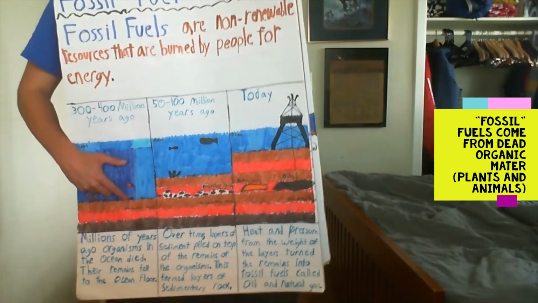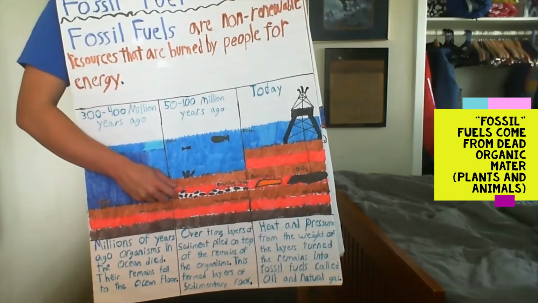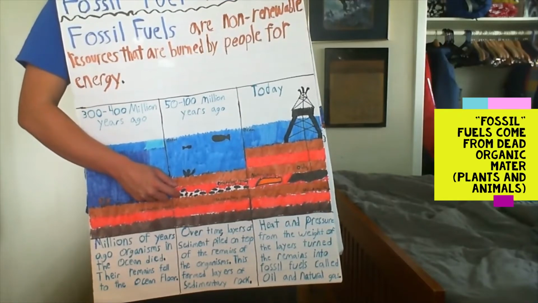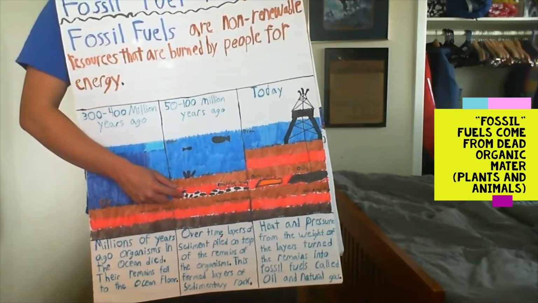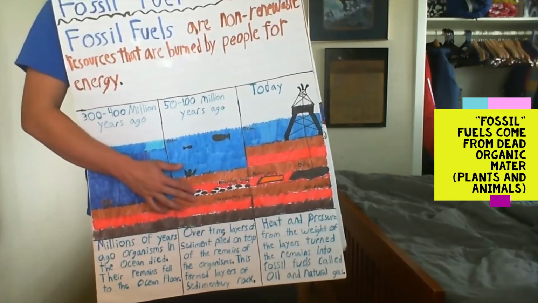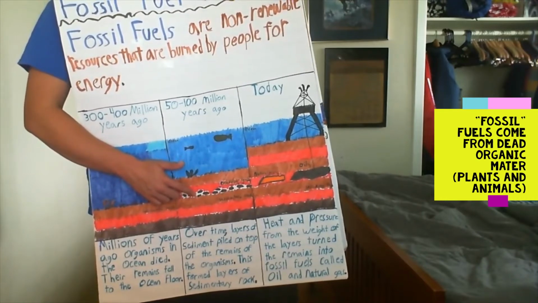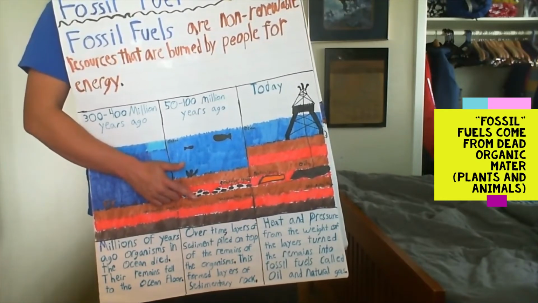At the same time, sediment is being piled on top of these dead plants and animals. Sediment at the bottom of the ocean would mostly be sand and silt. So these layers of sediment build on top of and mix with the dead plants and animals, forming sedimentary rock.